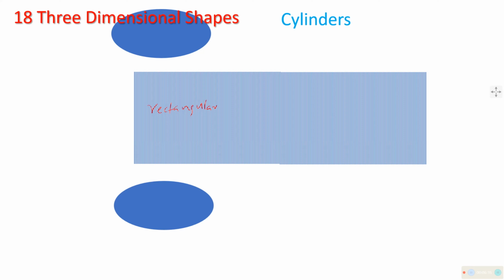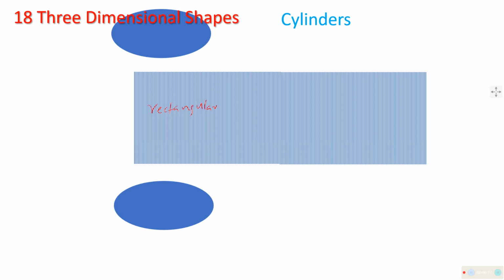Here is another three-dimensional structure. You have a rectangular, flat piece of paper or cloth, and I'm going to roll it to make a pipe and fix both up and down with a circular disc. I'm just trying to make a cylinder for you.